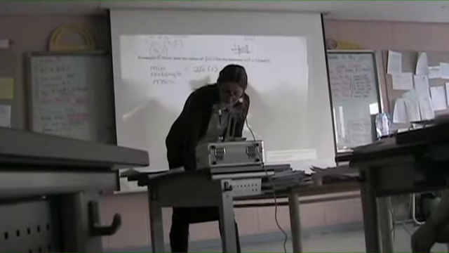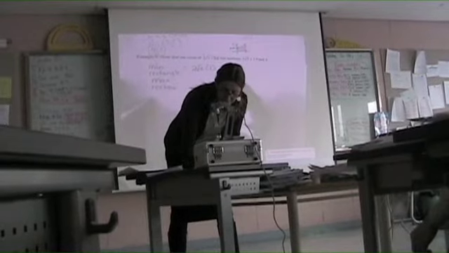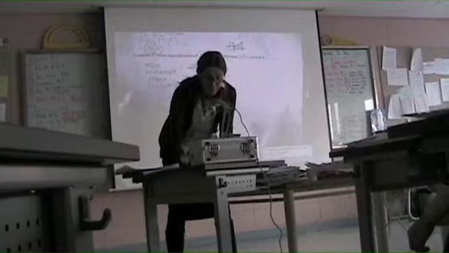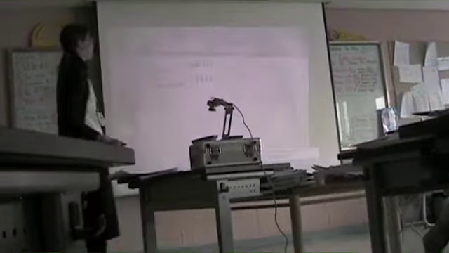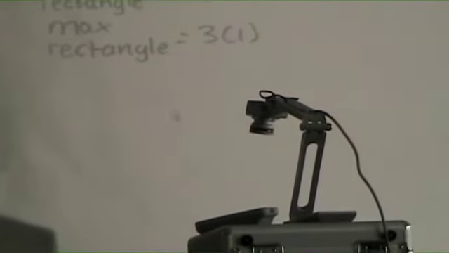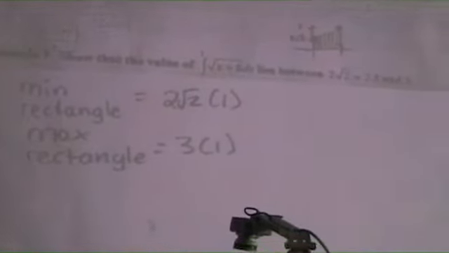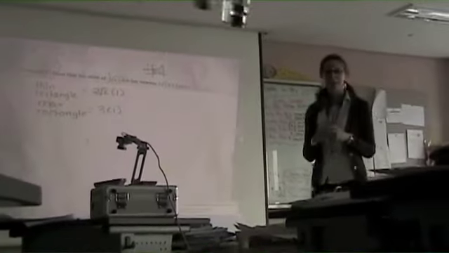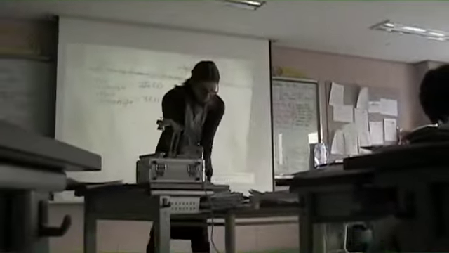The max rectangle, 3 times 1. Therefore, your answer has to lie between those two solutions. There isn't a whole lot to do besides explaining that. So if you know that particular rule, you'll be okay. Is that all the work we have to show? That's pretty much it. The min-max inequality rule.